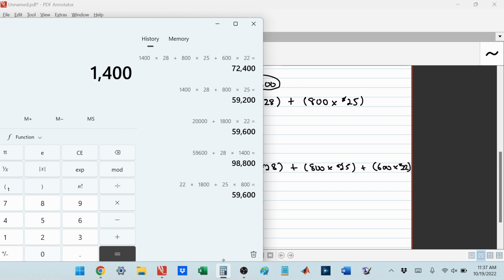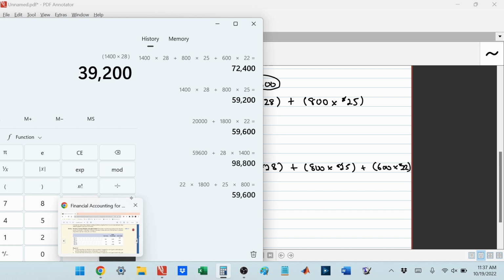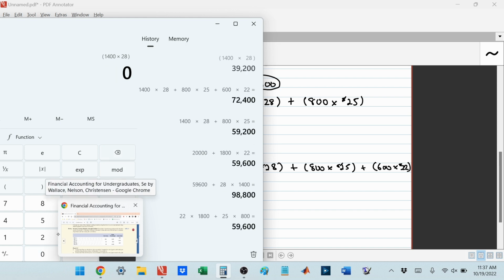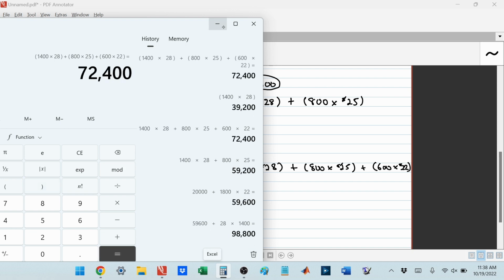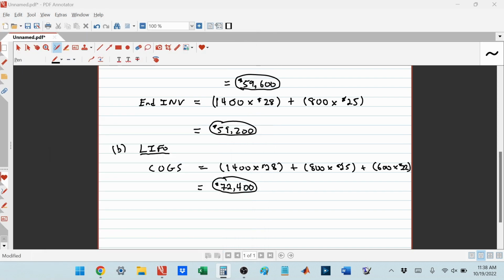So 1,400 times 28, and then close parentheses, plus... Let's start over here: 1,400 times 28 plus 800 times 25 plus 600 times 22. Yeah, so the calculator does know order of operations, but whenever in doubt, just use parentheses to make sure.